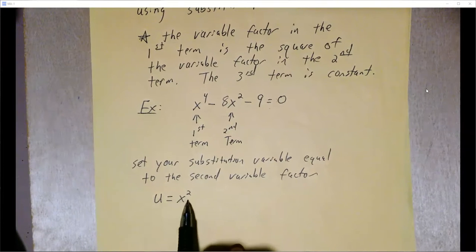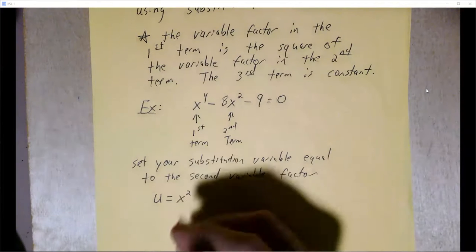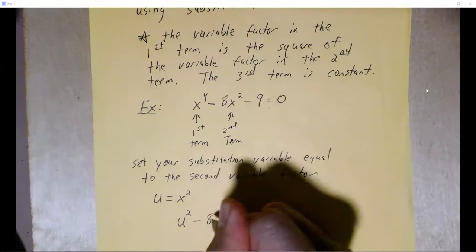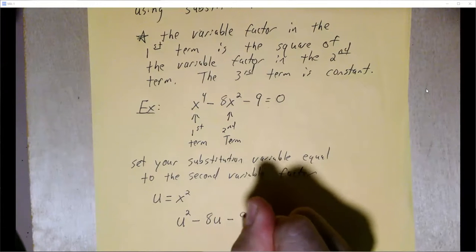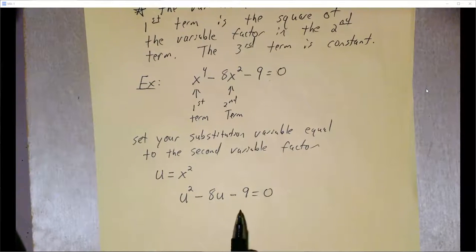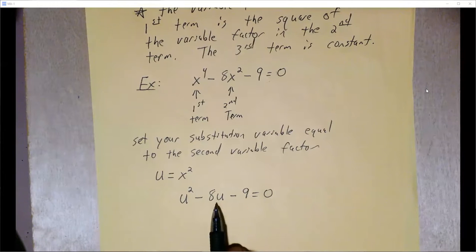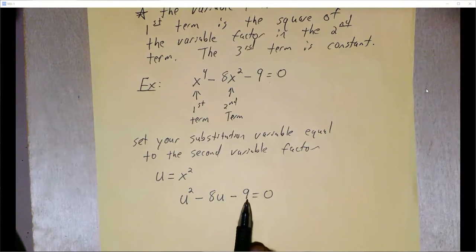If u equals x squared, then x to the fourth would be u squared. I don't mess with the 8. X squared is the same as u. And now I have a nice friendly quadratic equation. Here I could solve this using the quadratic formula, or by completing the square, but I also notice that this is factorable.